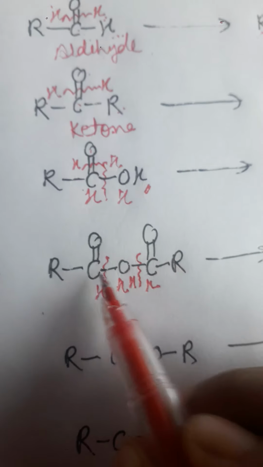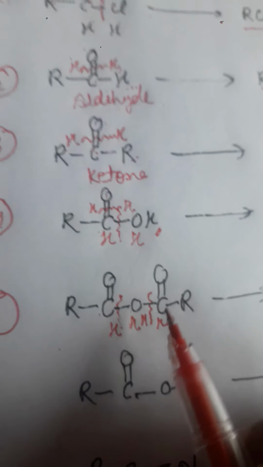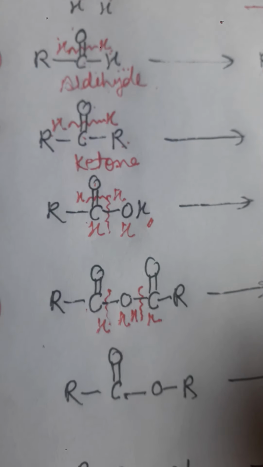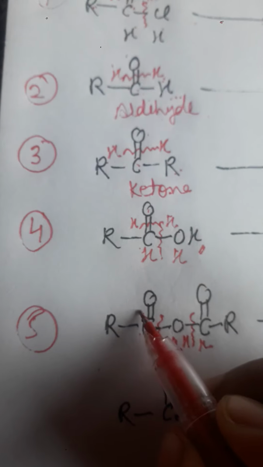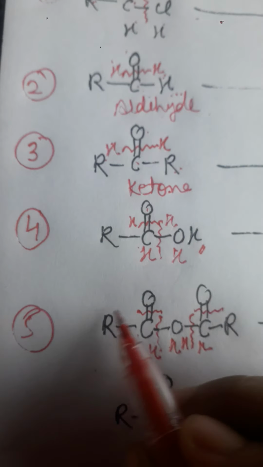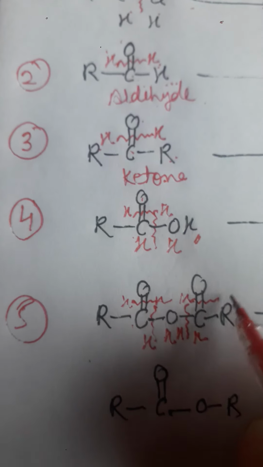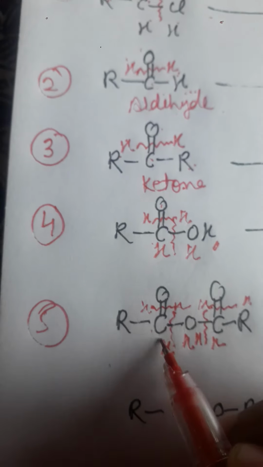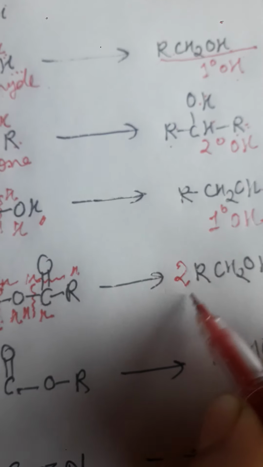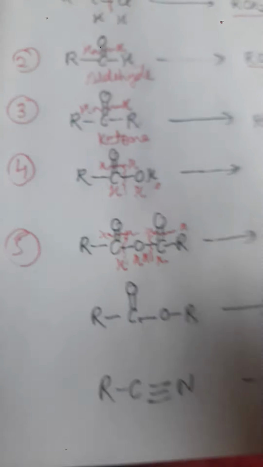So we have two molecules of RCHO. Either I can write two molecules of RCHO, or I can again divide this pi bond and we get hydrogen, again hydrogen. What I am getting is RCH2OH. So I am getting two molecules of RCH2OH alcohol.